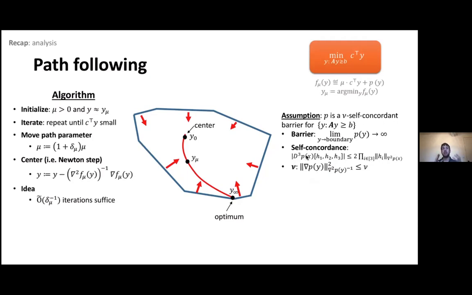Self-concordance gives a bound on how fast the Hessian of the function changes. It's the assumption that enables Newton's method to converge quickly at different points in the interior of the polytope. And then this value of nu governs a measure of how large the barrier is, how large it actually is at every point in the polytope. And therefore, how much can you increase the path parameter while still being able to converge quickly to the next central path point from self-concordance.